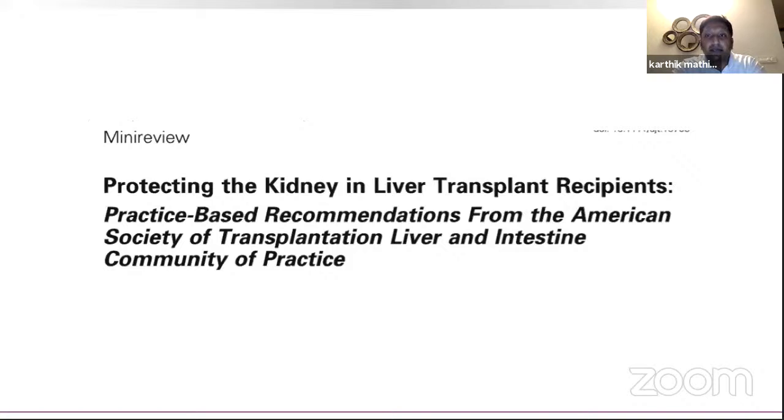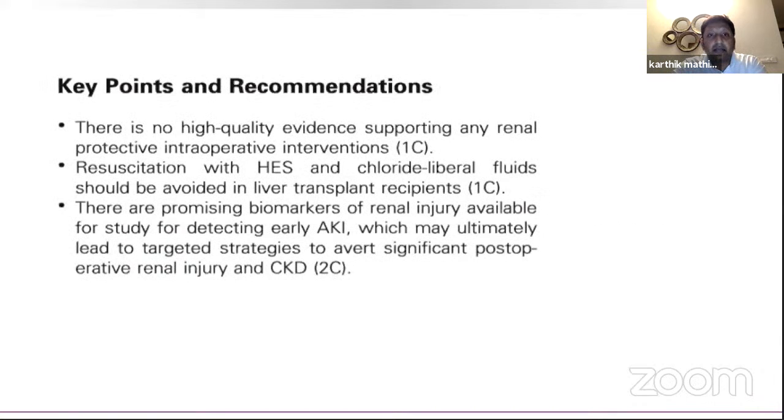Protecting the kidney in liver transplant is always a point of concern for all transplant surgeons. And the key points and recommendations recently: there is no high quality evidence supporting any renal protective intraoperative interventions. Resuscitation intraoperatively with HES and chloride liberal fluid should be avoided in liver transplant recipients.